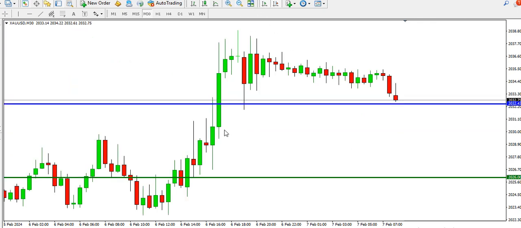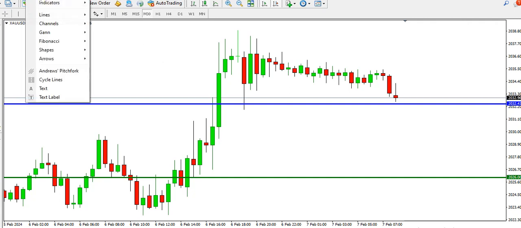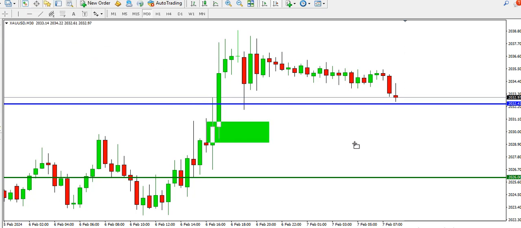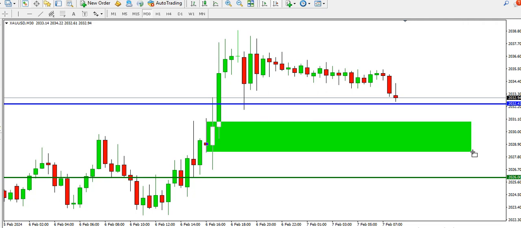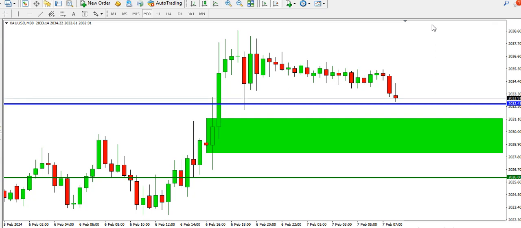We have a demand at this point on the 30 minutes time frame. The buyers might be waiting at this point to take price back up. Also have another demand level around here. Then we have so many buyers lined up trying to take price back up.